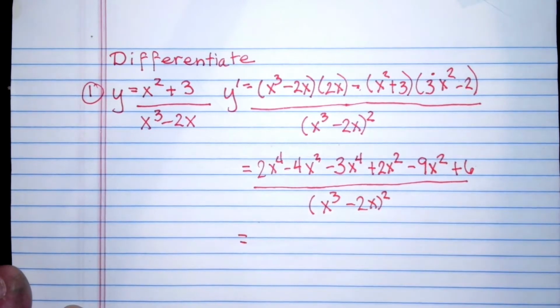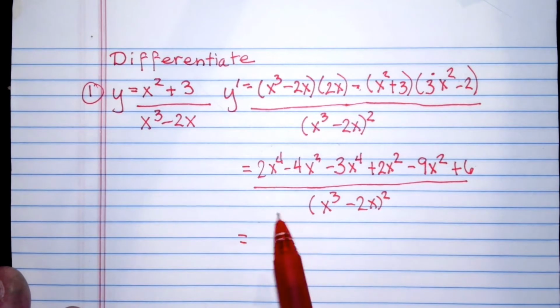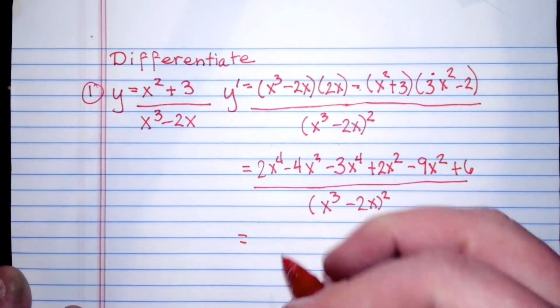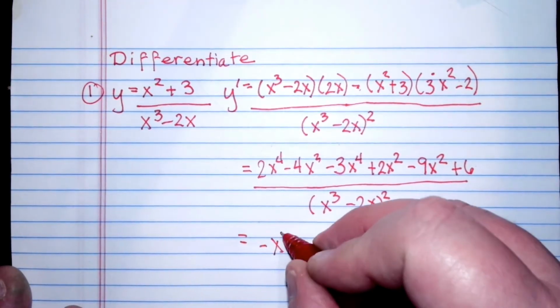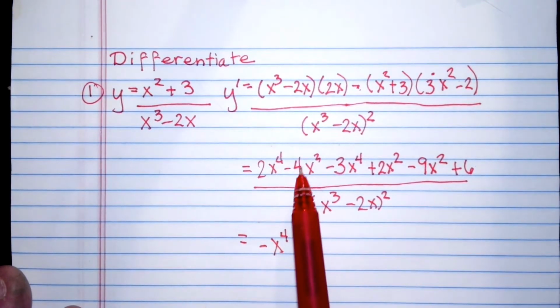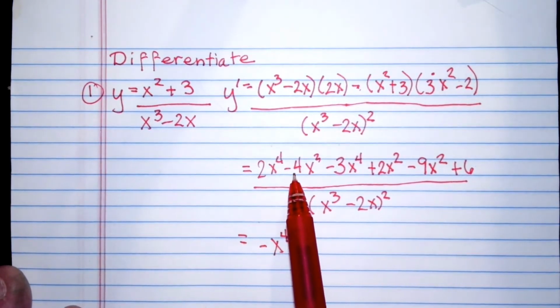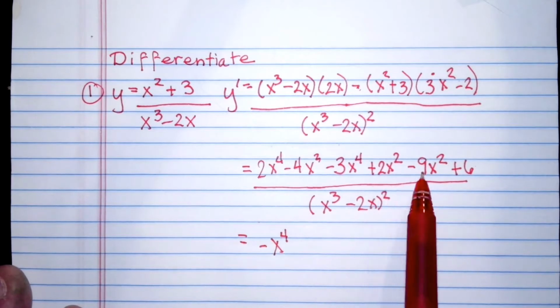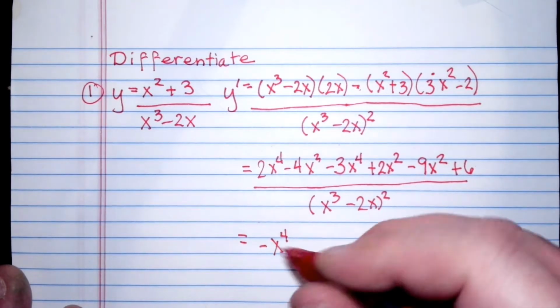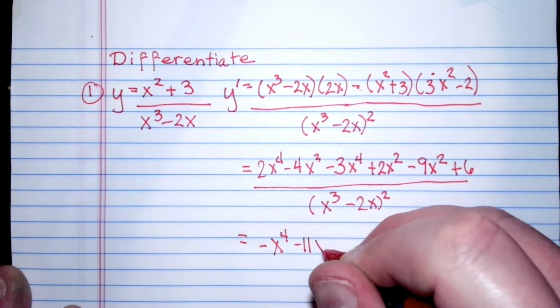So now we look for any like terms. Well, we have two x to the fourth terms. That'll give us negative x to the fourth. We have three x squared terms, negative 4, 2, and negative 9. I believe those add up to minus 11x squared.